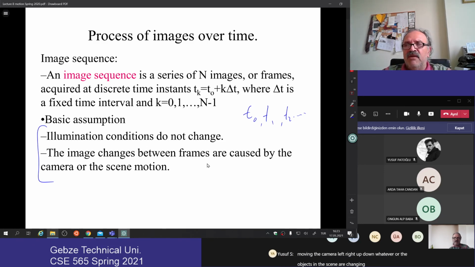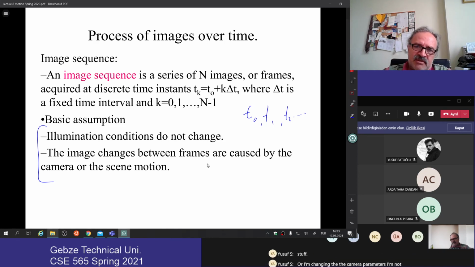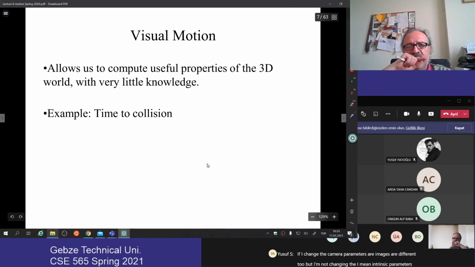We don't assume that the lighting is changing, or that I am changing the camera parameters. If I change the camera parameters, our images are different too, but I am not changing them. I mean intrinsic parameters. So those are the assumptions.